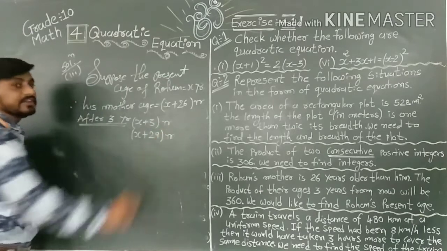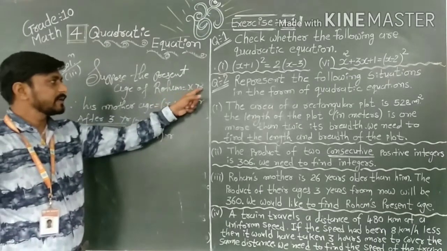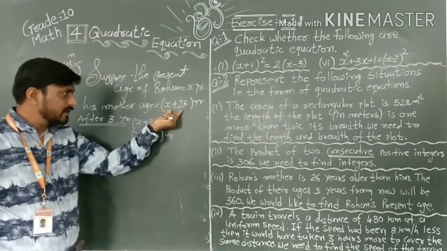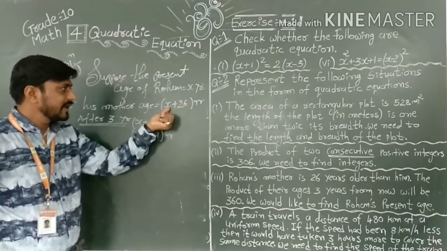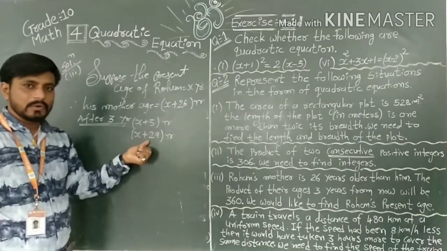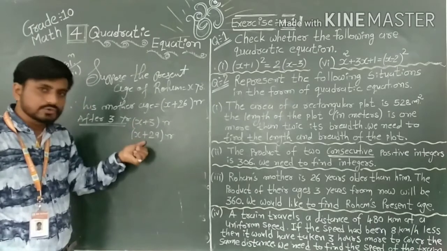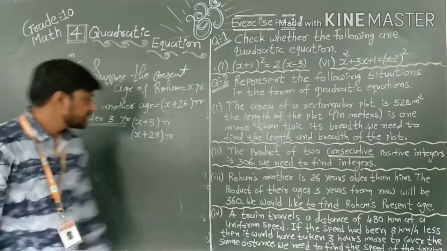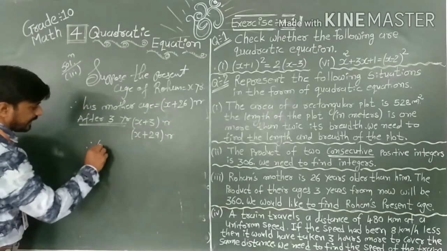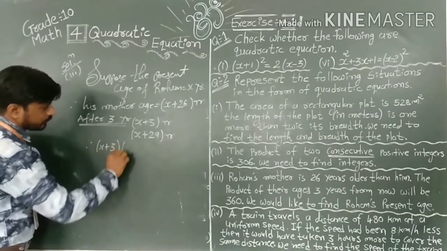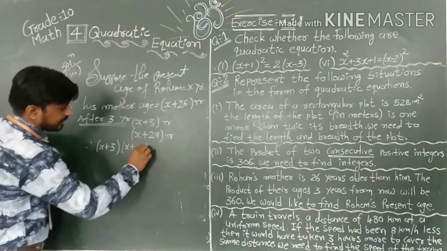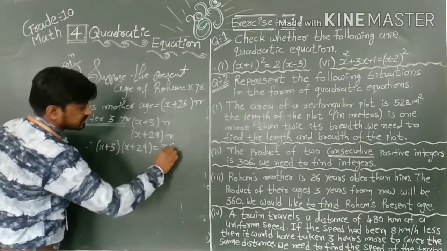I add 3 years here, x plus 3, and add 3 years, 26 plus 3, that means x plus 29. Now the product of these two is 360. That means (x plus 3) into (x plus 29) is equal to 360.